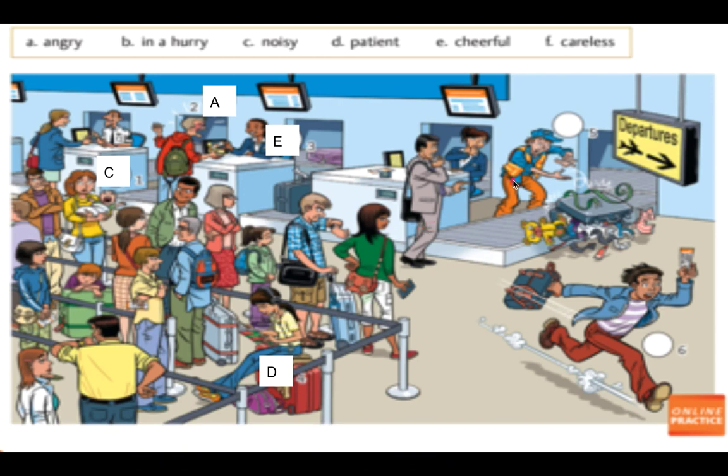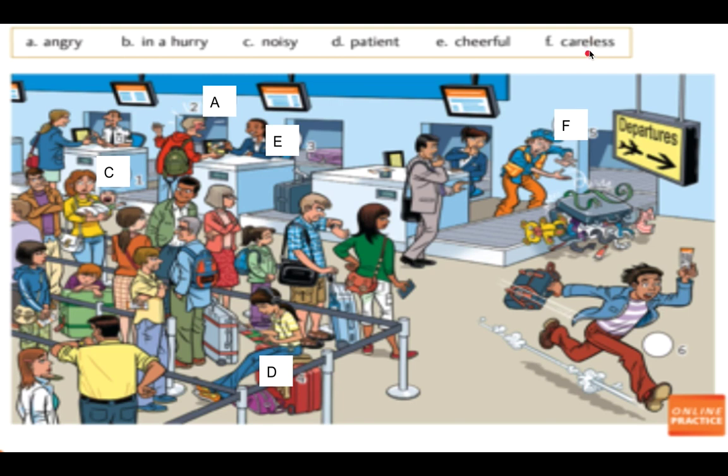Now, number 5, the man wearing the bright pants, the orange pants. Oh my gosh, what happened? He was putting the bag on the conveyor belt to go to the airplane, but oh my gosh, he dropped it, and many things are falling out. Toothbrush, teddy bear, clothes. He is very careless.